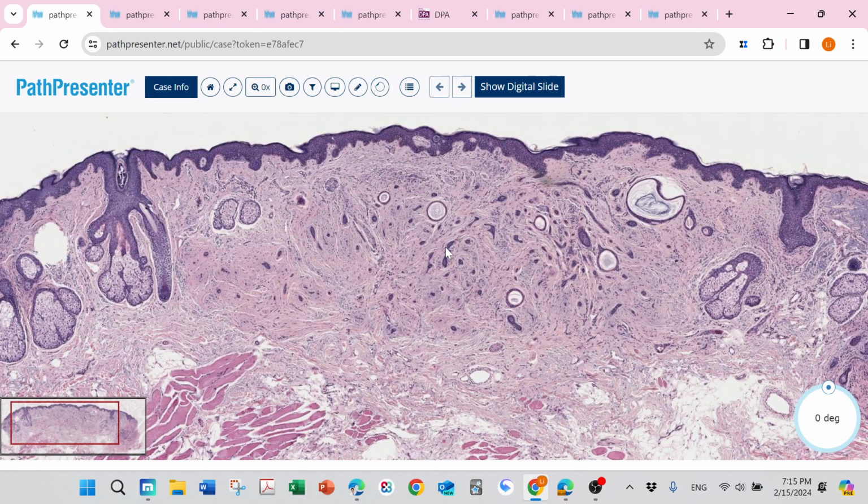One is basal cell carcinoma. The other one, desmoplastic trichoepithelioma. The third one should be syringoma. And the fourth is microcystic adnexal carcinoma.